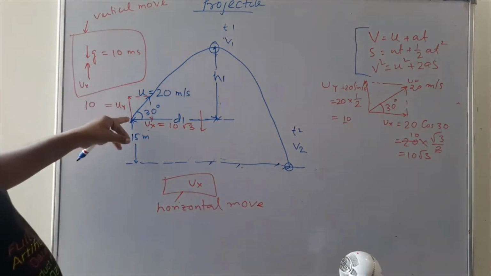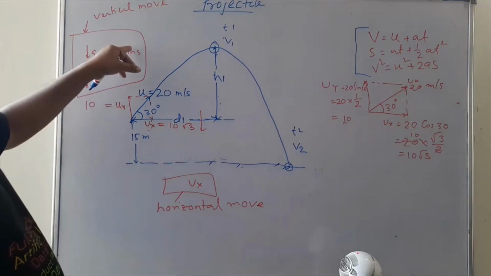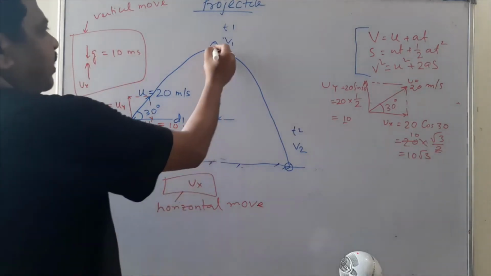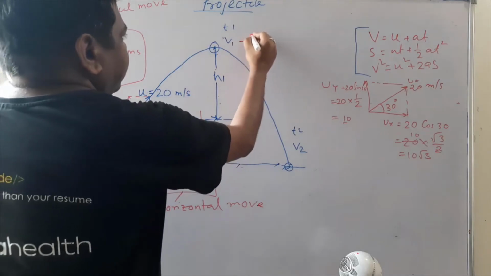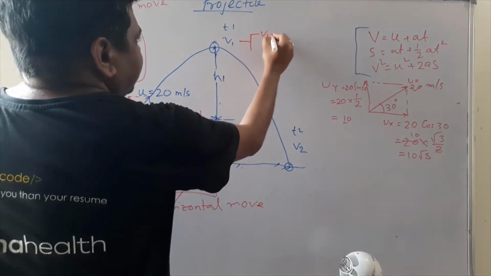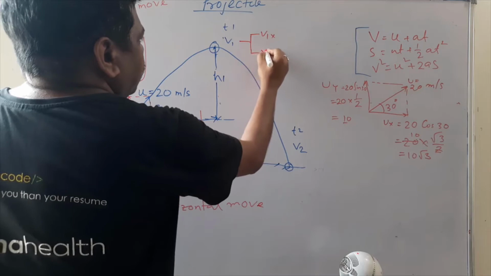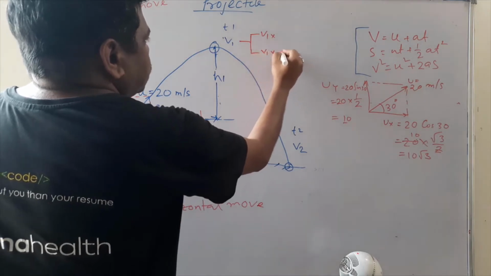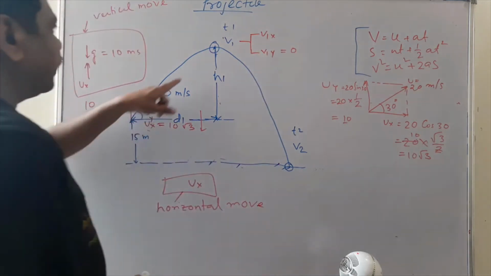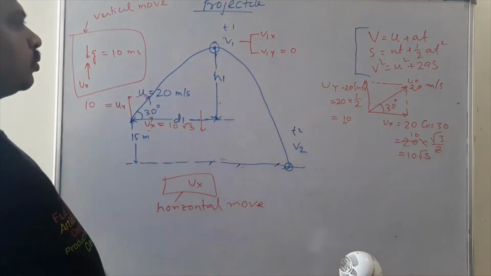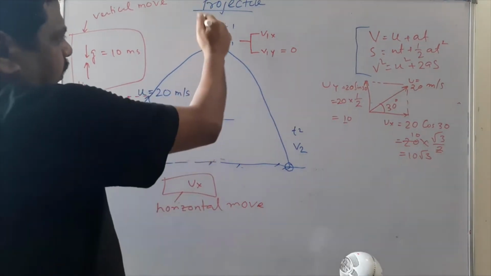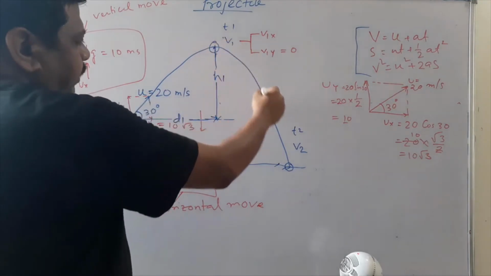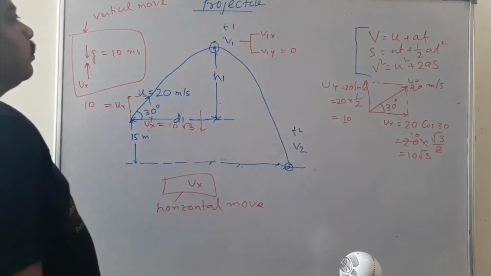Because the ball is moving vertically, and after a certain height, if I take v1x and v1y, at this point v1y is 0. That's why the ball is not moving upward. From here it started to come down.